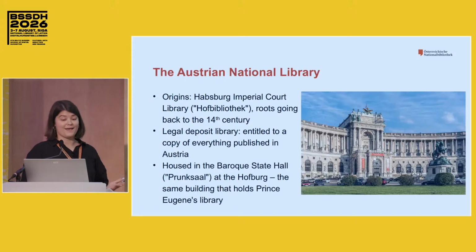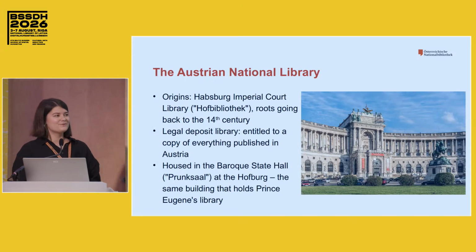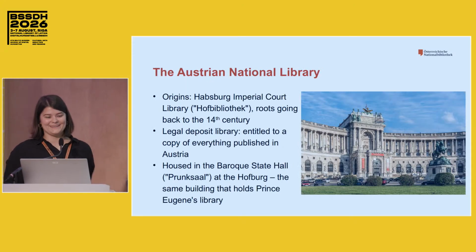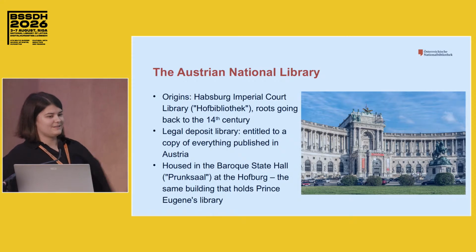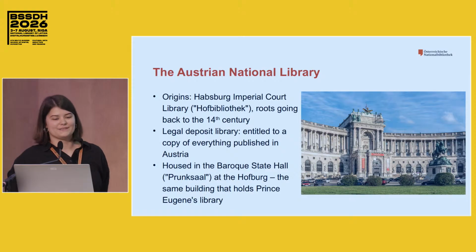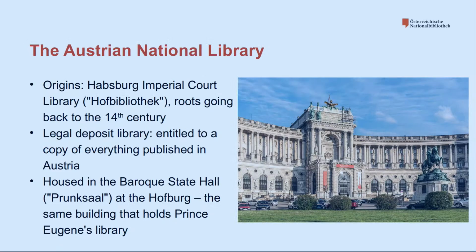And another introduction, maybe you don't know it, the Austrian National Library. Our building isn't that new, as you can see in the picture. It's actually pretty old. It's from the 14th century. It's in the Hofburg, and its origins are from the Habsburg Imperial Court Library.